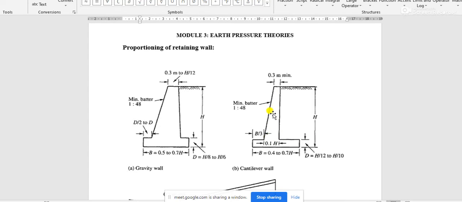That's why the retaining wall and the soil settle down due to the load coming from the retaining wall. That is called bearing capacity failure.